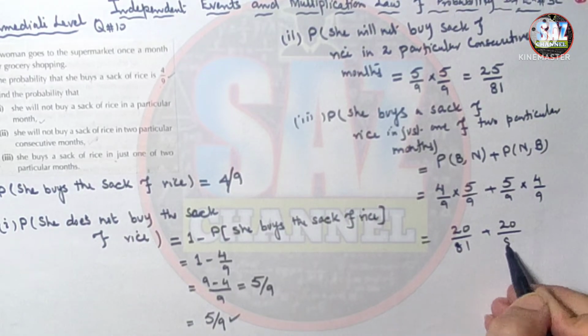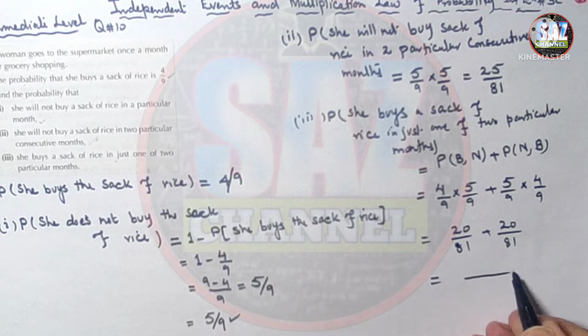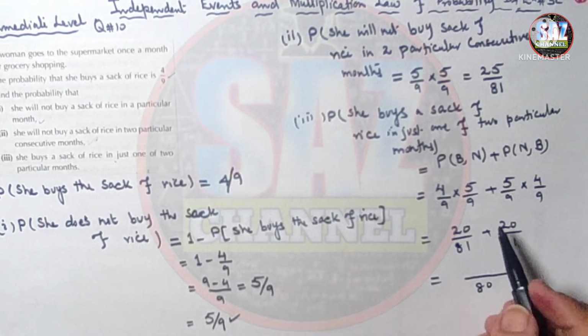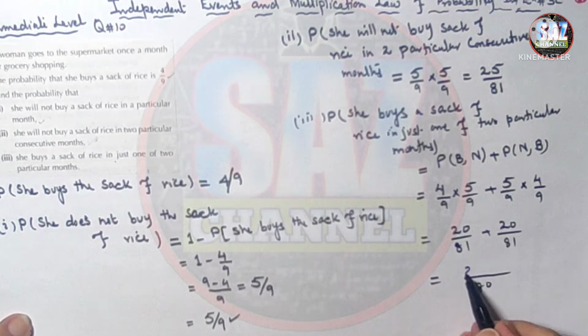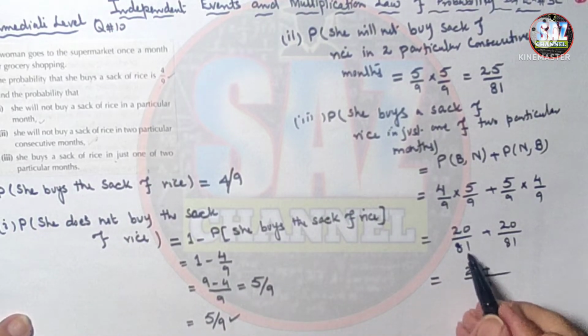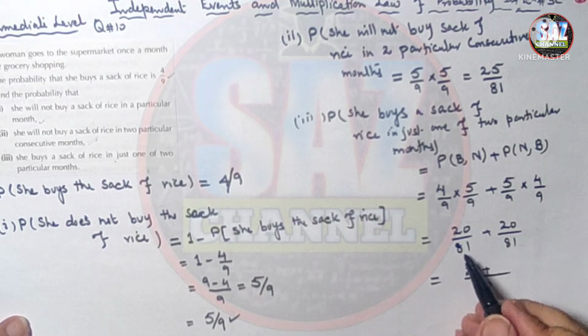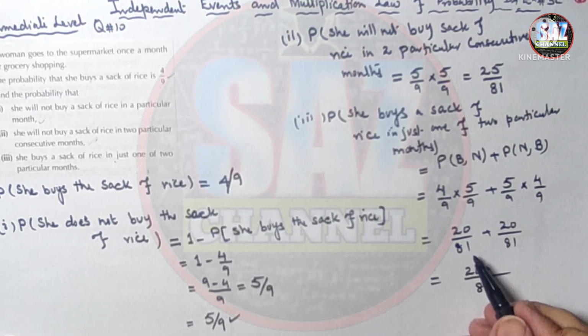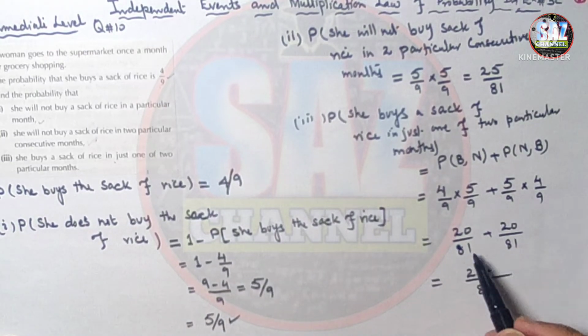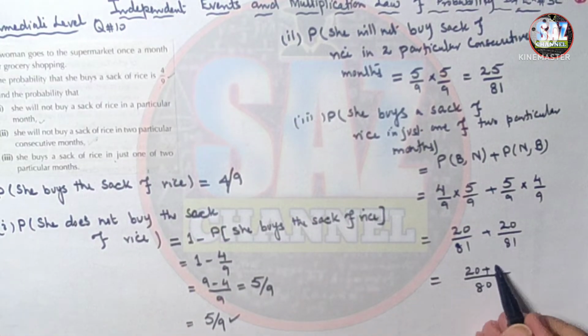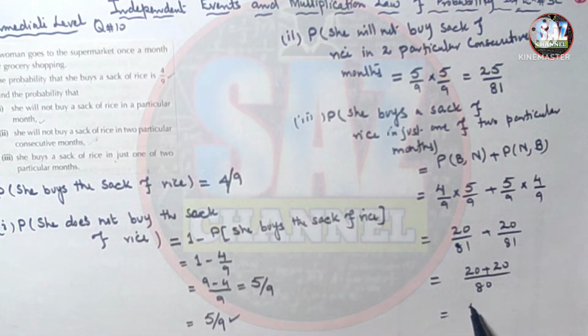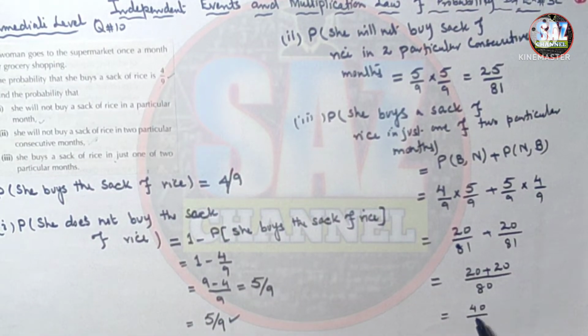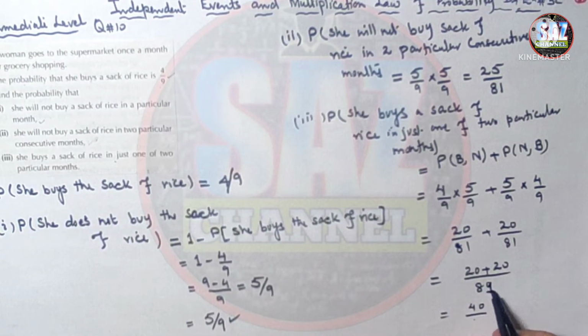Calculation part is yours, you can perform the calculation according to your choice, but for me it is easy, and I always advise my students that as we need to give the answers of probability in the most simplified form, you should take the denominator the same: 20 plus 20, which is equal to 40 by 9 9s are 81, 40 by 81. So I hope you are clear about this question, and let's move to the next question.